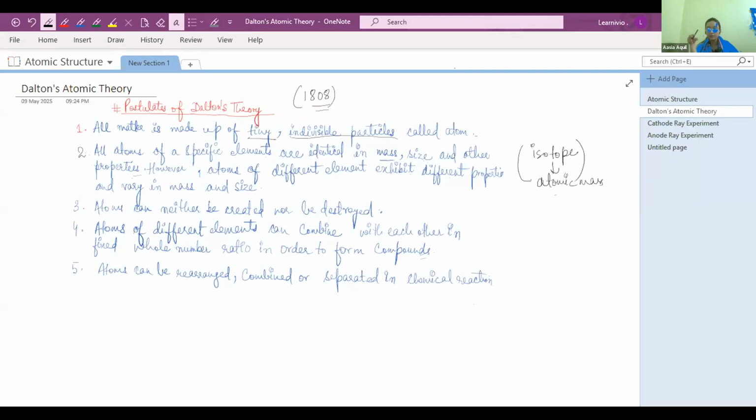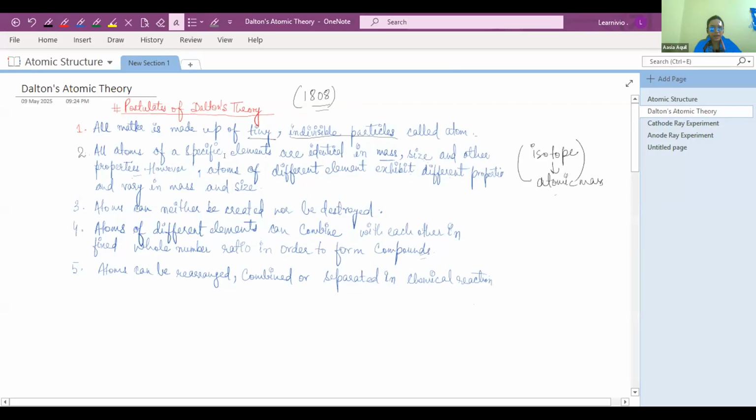But in isobars, the atomic mass is the same but the atomic number is different. So they will be different elements, with different atomic numbers but the same atomic mass. That's the isobar. Don't be confused between these two, isotope and isobar.